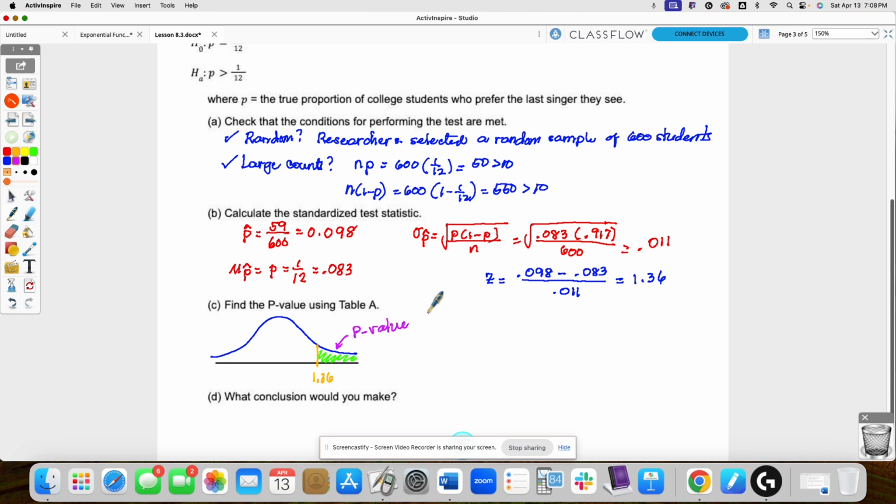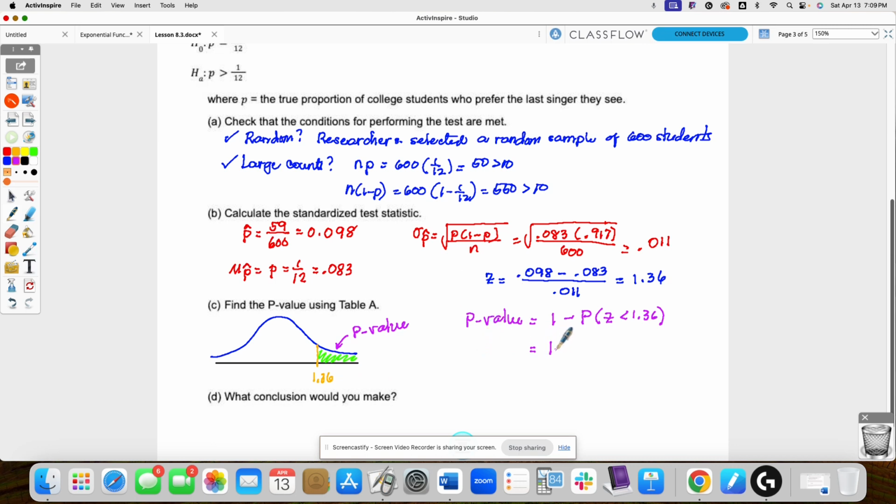Now, how do we find the p-value? Remember that in Table A, the given values in the table are the probability of the left side. So the p-value is equal to 1 minus the probability that z is less than 1.36, because that is what's given in the table.